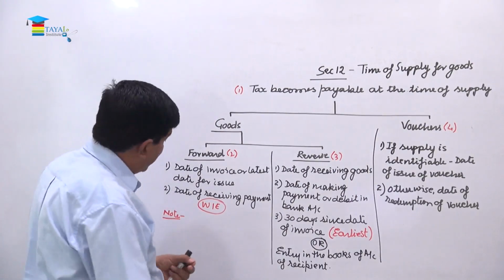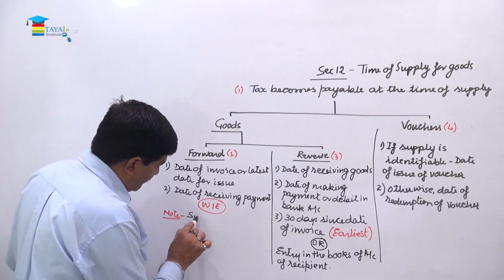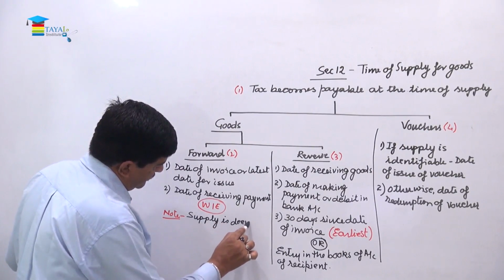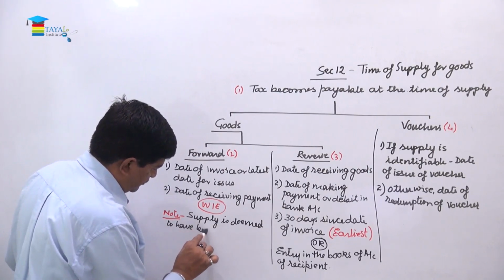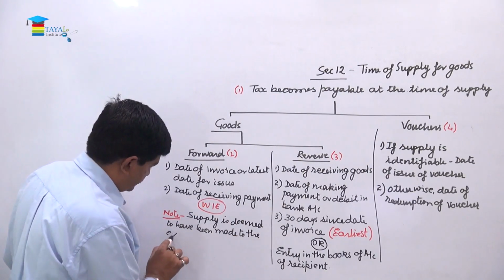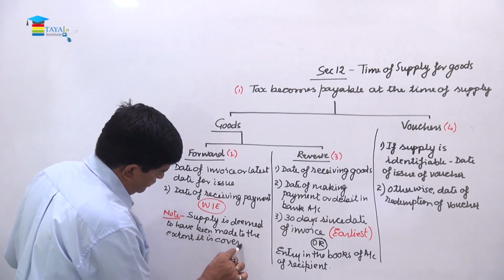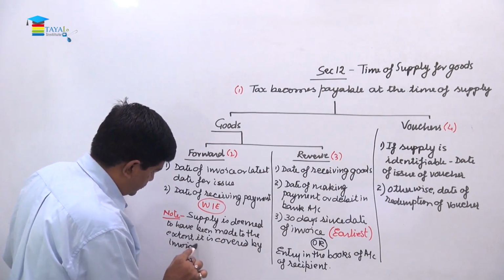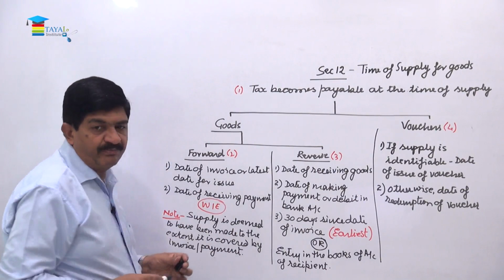Right? So actual supply may be before or later, but this says supply is deemed to have been made to the extent it is covered by invoice or payment, right?